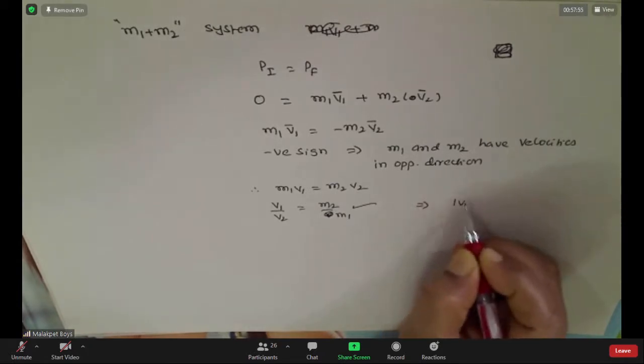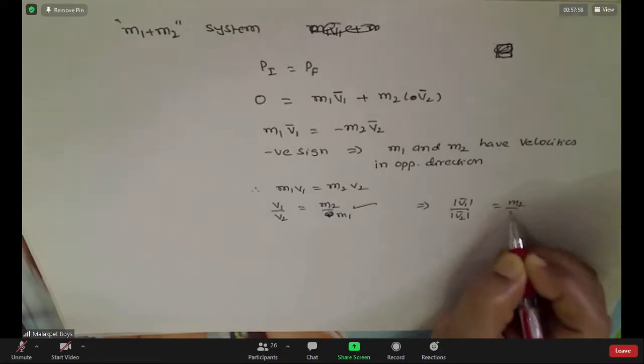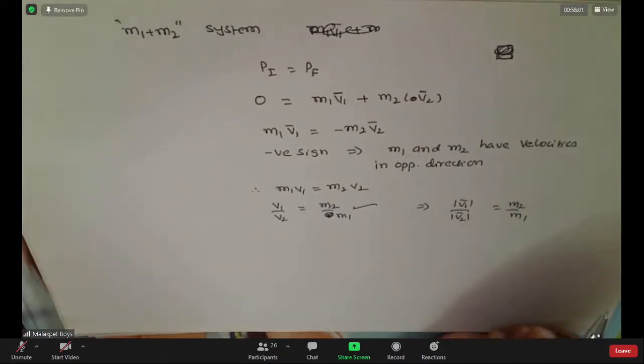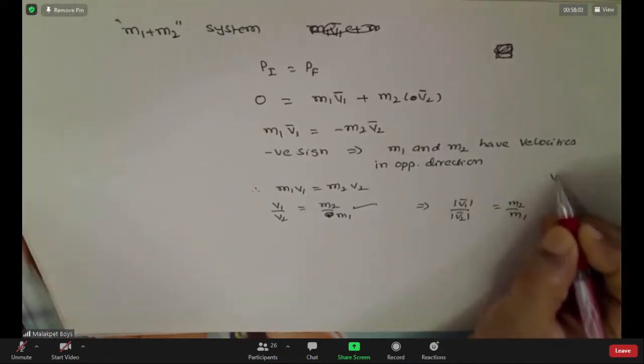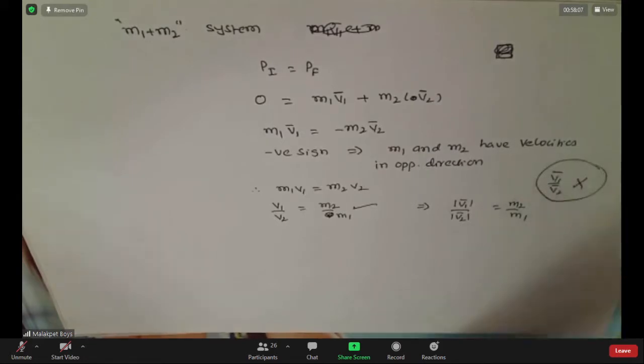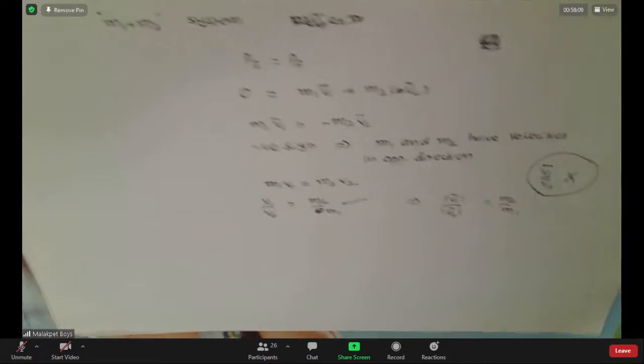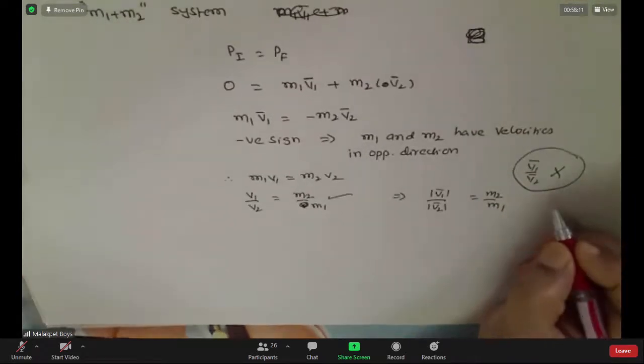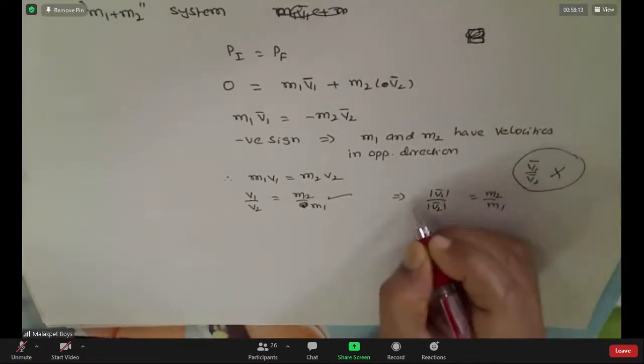Then displacement ratios. Ratio of velocity means magnitude of velocity. This is wrong actually, don't write like this. Why? Because you cannot divide vectors. Only magnitudes can be divided. This is correct.